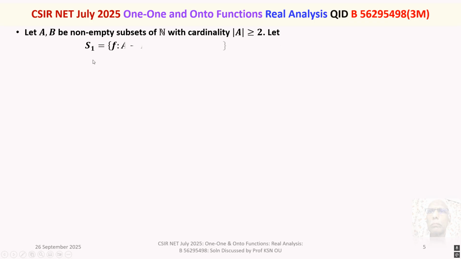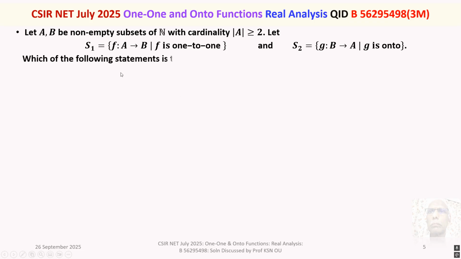Let S1 be the set of all functions f from A to B where f is 1 to 1, and S2 be the set of all functions g from B to A where g is onto. So S1 is the set of all one-to-one functions from A to B, and S2 is the set of all onto functions from B to A.